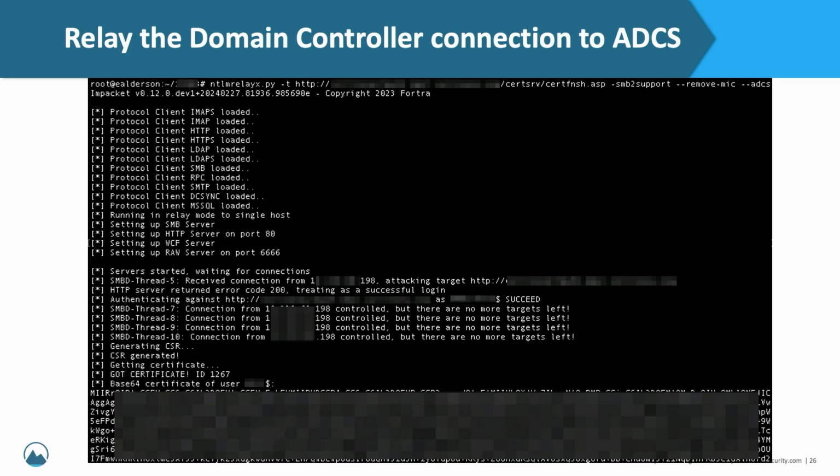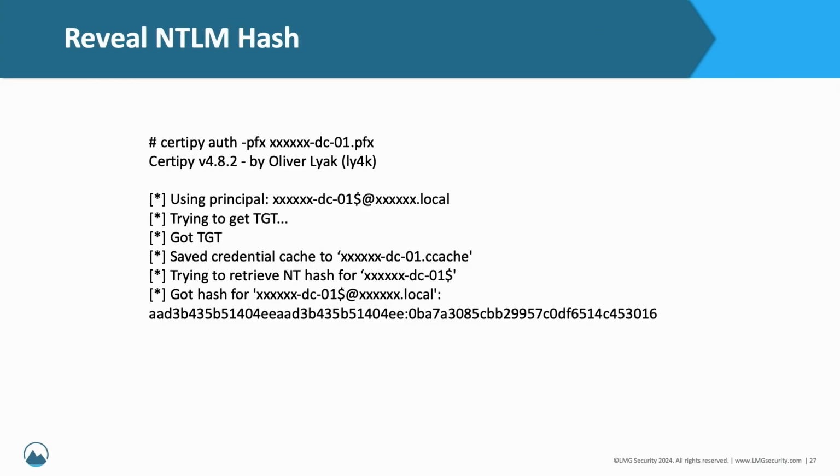But the issue is that since you've got either the web enrollment or RPC enrollment enabled with an escalation vulnerability, ESC8 or ESC11, I can now get the certificate of the domain controller just because you have Active Directory Certificate Services web enrollment enabled. And so that's what we did in this particular case: we used that low-level credential to get a domain controller to talk to us, and then we get the certificate of the domain controller that we can use to escalate our privileges in your organization.